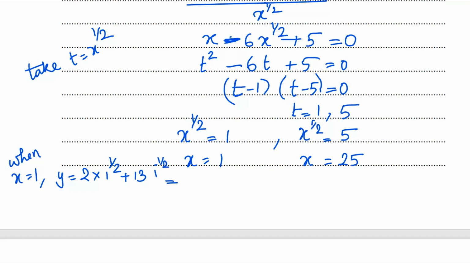This will be 2 multiplied by 1 plus 13 multiplied by 1, which is 15. So (1, 15).